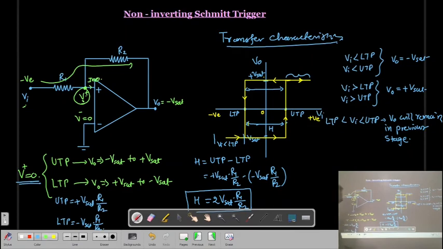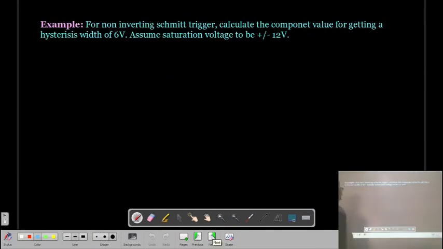Now let us see an example. For a non-inverting Schmitt trigger, calculate the component values for getting a hysteresis width H equal to 6 volt. Assume the saturation voltage V saturation is plus minus 12 volt. We have to calculate R1 and R2.